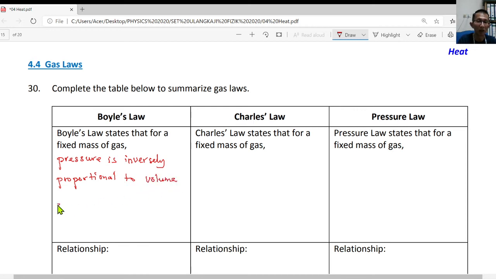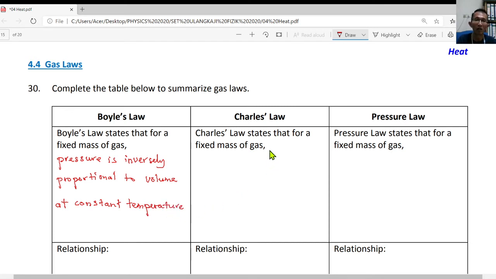I add some more at the back here, at constant temperature. So that is Boyle's law.